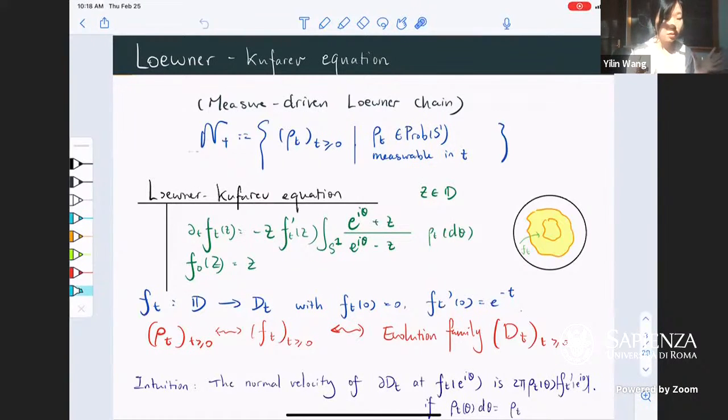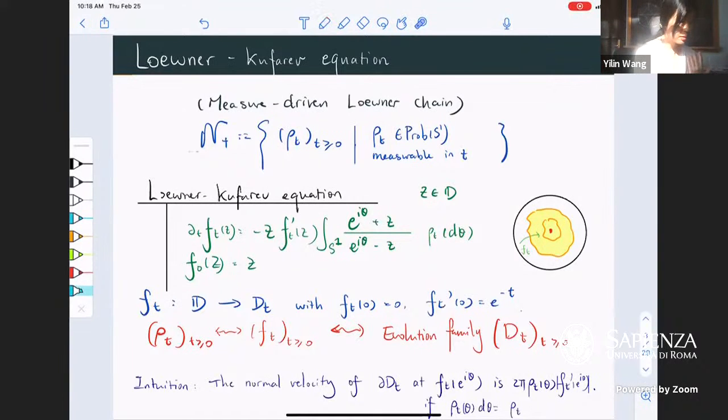This would be called the driving measure. For the Loewner-Kufarev equation, I'm looking at the version where we target an interior point. There's some technical issue that we can't take the chordal one as Frederick described, but this radial one actually makes everything cleaner.